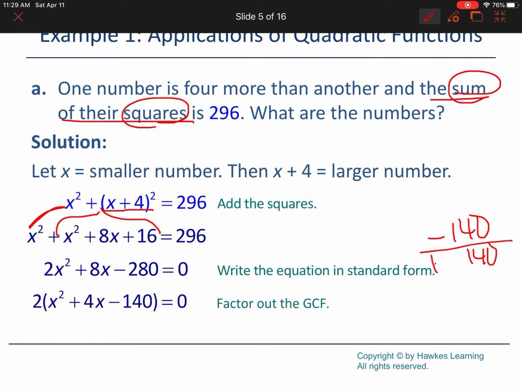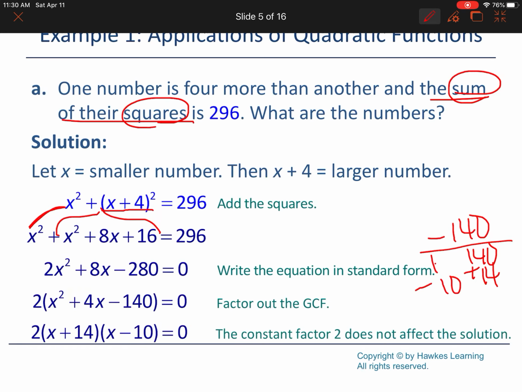Since I have 140, it does make it easy to try 10 and 14, because 10 is so easy to do into something that ends in a 0. And they are 4 apart. So we could go right to there. I want the bigger one to be positive because it's got to add up to positive 4, and the negative one to be the smaller one. All right, so there's how it factors.